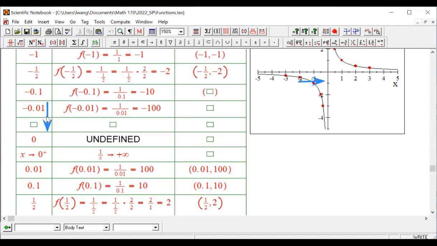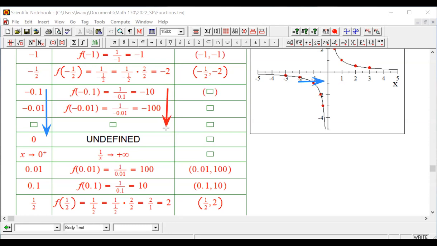As the input approaches 0 from smaller than 0, the output is approaching what? The output is approaching from -10 to -100, approaching negative infinity.